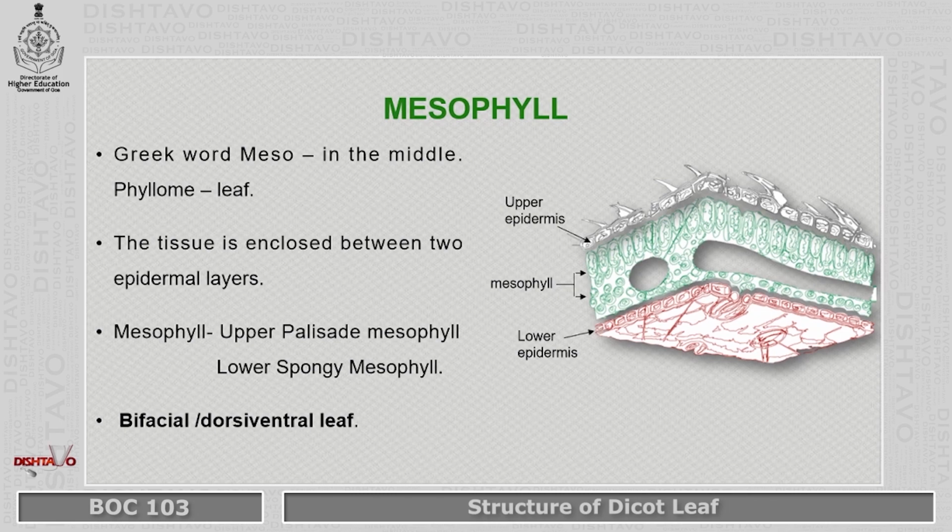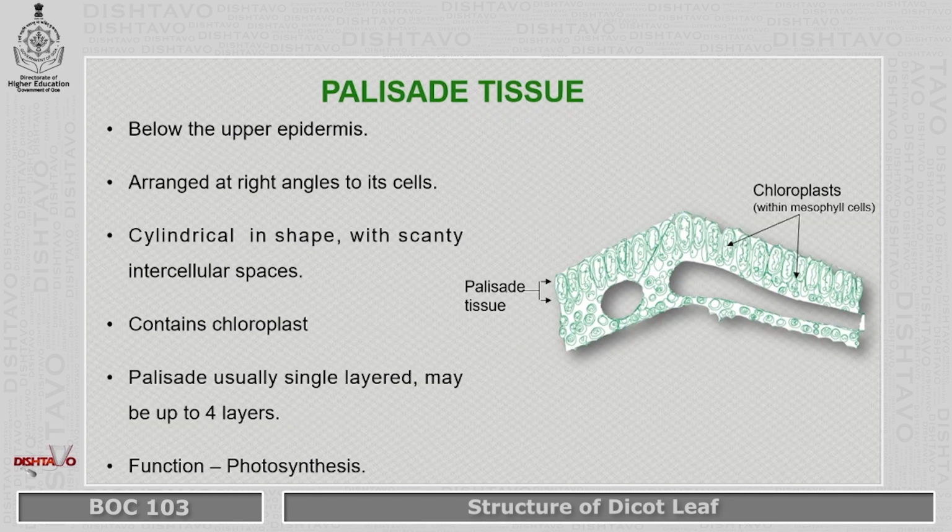Now, let us see the first layer of the mesophyll tissue, that is the palisade mesophyll. This region lies below the upper epidermis. The cells are at right angles. They are cylindrical and the space is very less. This region contains chloroplast.